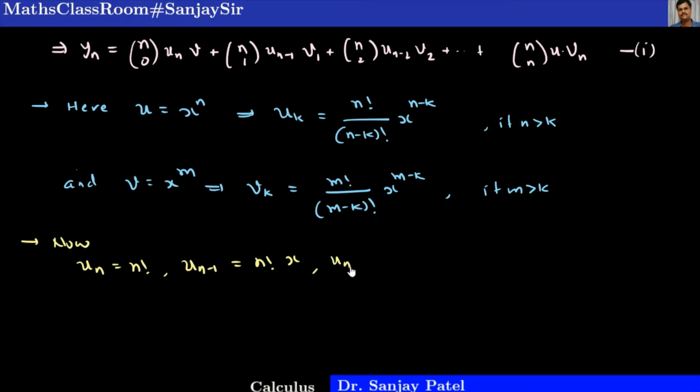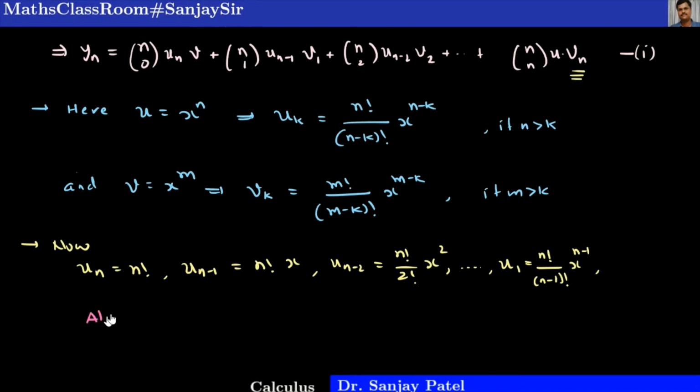Then un minus 2 is obtained by putting k equal to n minus 2 here, so n factorial upon n minus 2, that is 2 factorial. So n factorial upon 2 factorial into x square and so on. Finally we will get u1 as the first derivative, or you can write from this formula n factorial upon n minus 1 factorial into x raised to n minus 1, by putting k equal to 1.